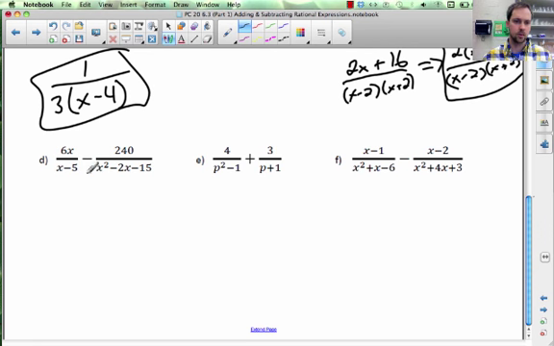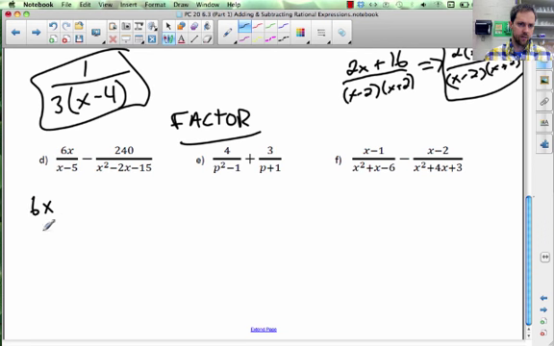Alright, some more complicated ones. This one, it looks like it has nothing in common with this one, but just like we do with everything else we've done this unit, I want you to factor everything, okay? So the first term can't be factored, x minus 5.